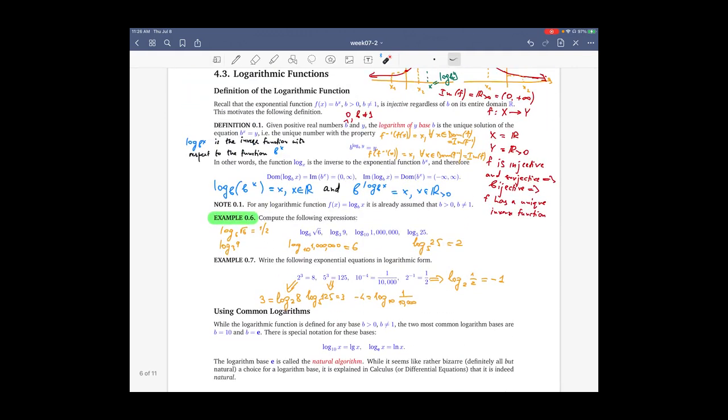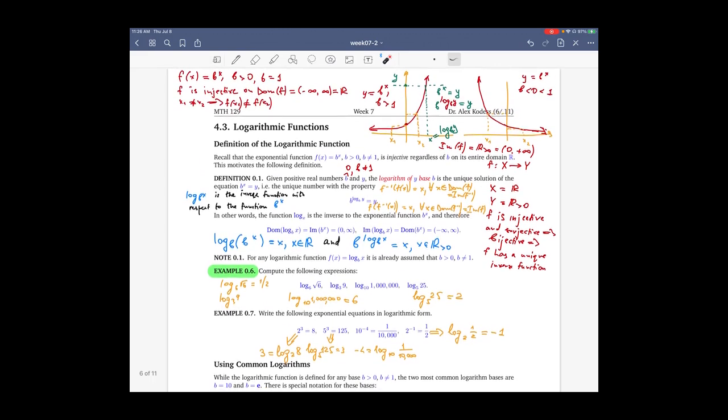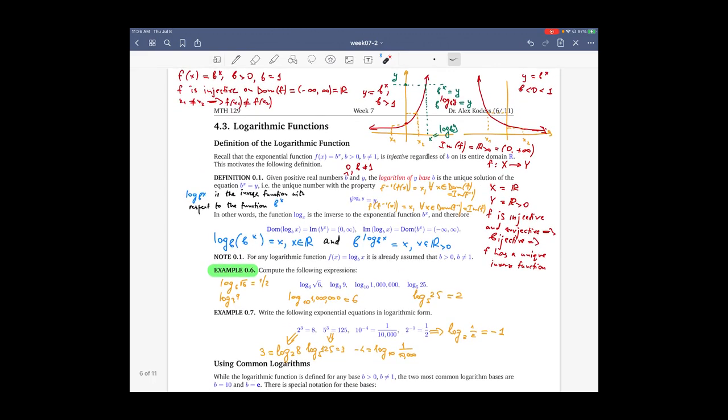So this finishes this introductory piece about logarithmic functions. Again, to summarize, the logarithmic function is the inverse of the exponential function. Given the function b to the power x, of course, we assume that b is positive and different from 1.